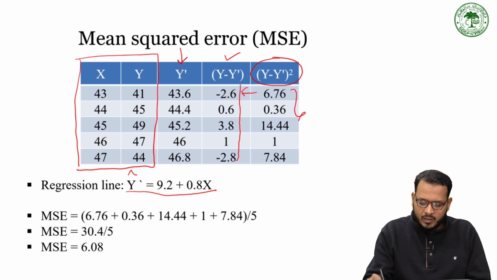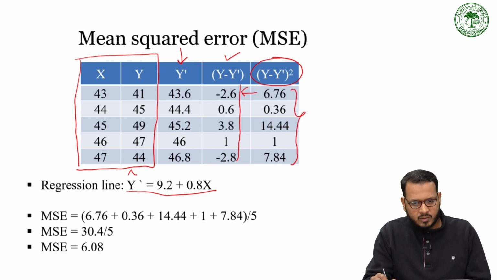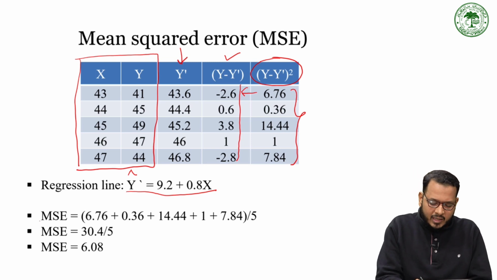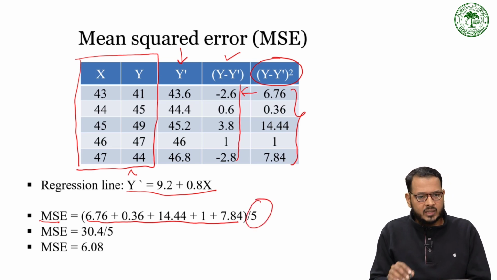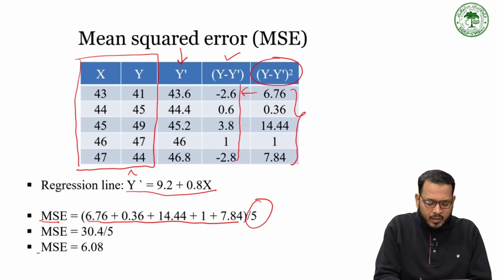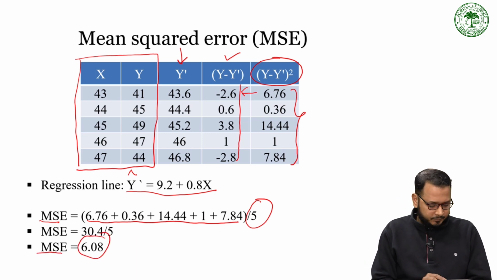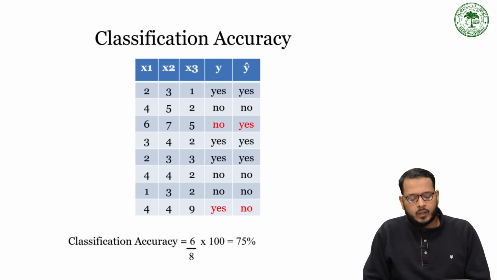We got these values for 5 records, 5 examples or observations. Finally, MSE can be calculated as the sum of the squared terms divided by the total number of examples, which is 5. So, for this specific case, our MSE would be 6.08.